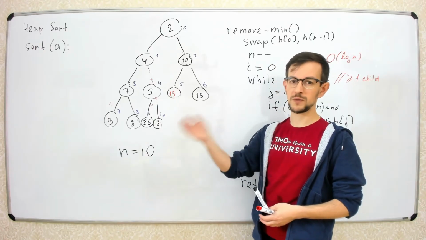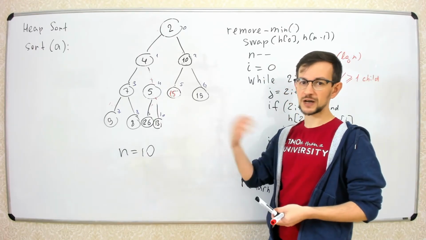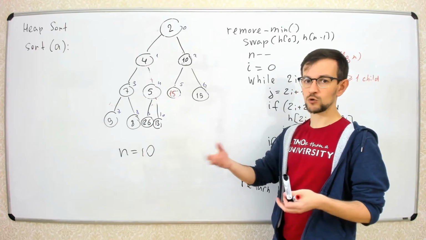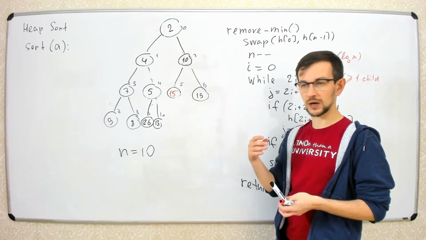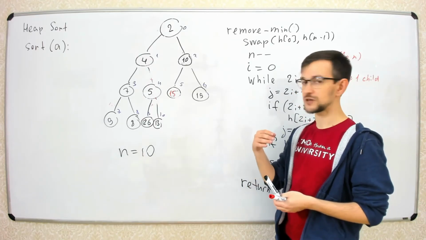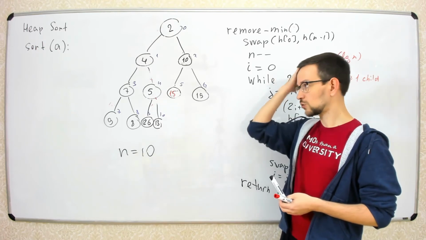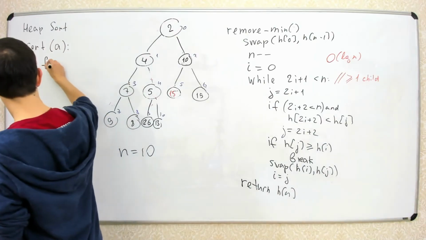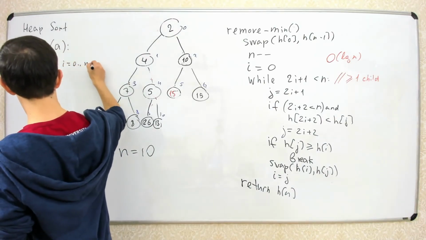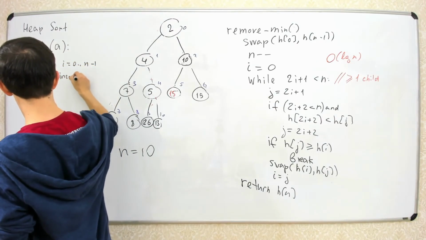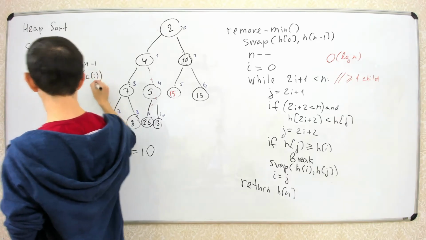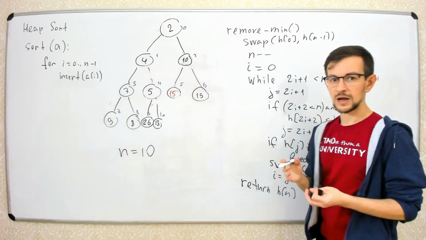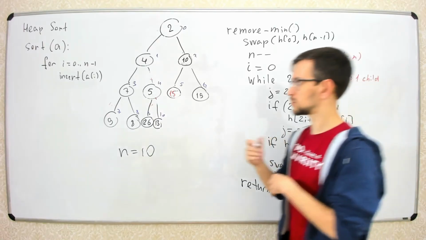So first you remove the minimal element, then you remove the second minimal element, and so on. So you remove the elements of the array in increasing order. So we'll just put all elements in the binary heap, and then remove all elements from the binary heap.